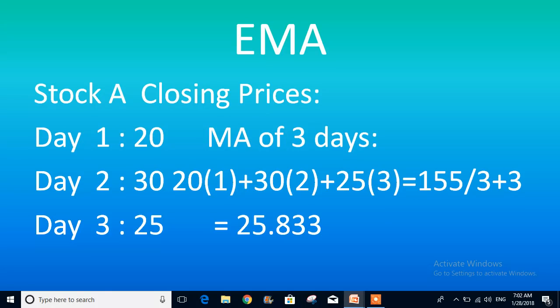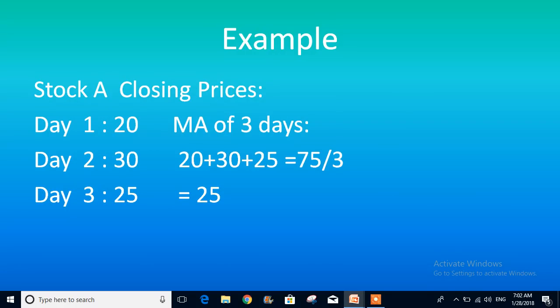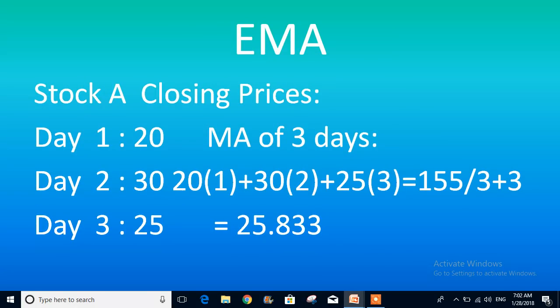So 155 divided by 6, we get 25.833. See, guys, in the simple moving average the last 3 days moving average is 25, and in the exponential we get 25.833. So you see the difference, right?